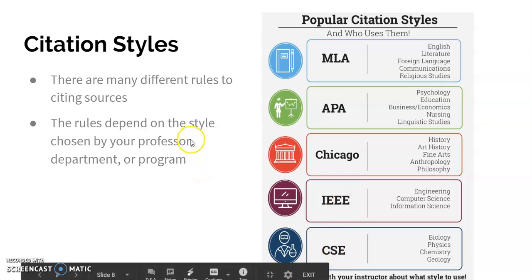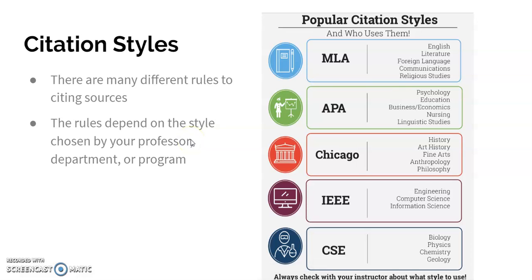And the style of citation is usually going to be chosen by your teacher or professor, maybe the academic department at your university or the program you're in. So for example, my master's degree is in the field of education. And so all of my papers and assignments had to use the APA citation style for my master's program.